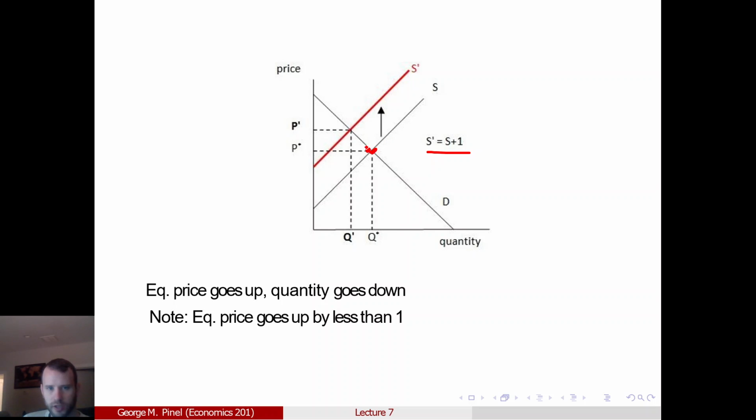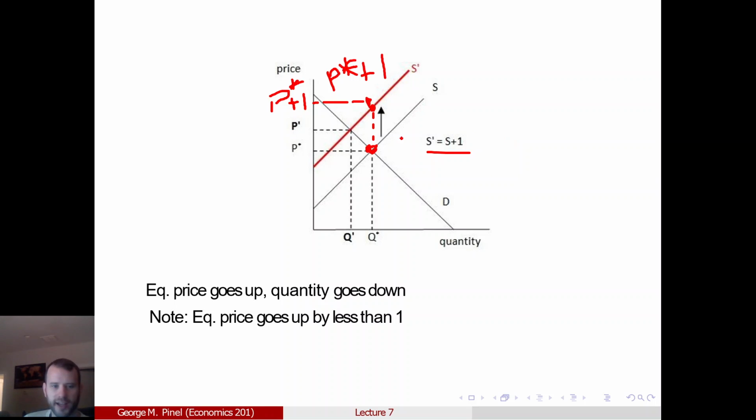So if this is Q star, the old equilibrium quantity, this will be P star plus 1 here. Excuse my terrible drawing, but P star plus 1 is clearly above P prime.